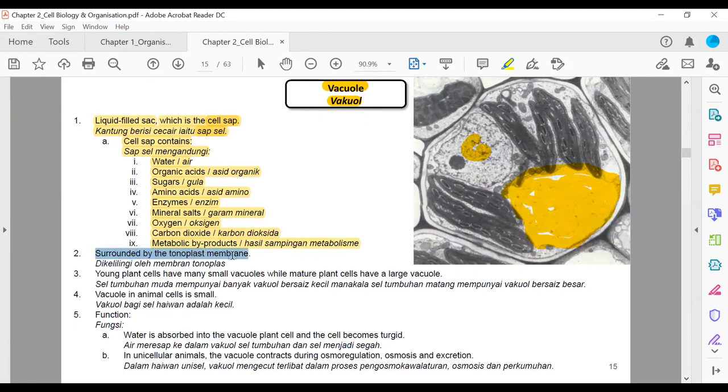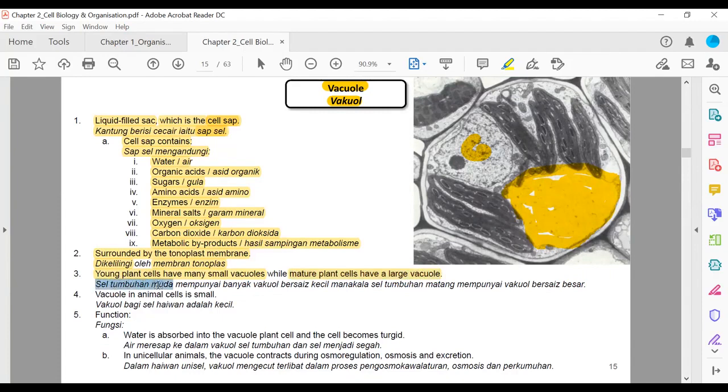Surrounded by the tonoplast membrane, dikelilingi oleh membran tonoplast, seperti mana yang saya bagi tahu tadi. Dinding vacuole dipanggil sebagai tonoplast. The wall of the vacuole is called tonoplast. Young plant cells have many small vacuoles, while mature plant cells have a large vacuole.